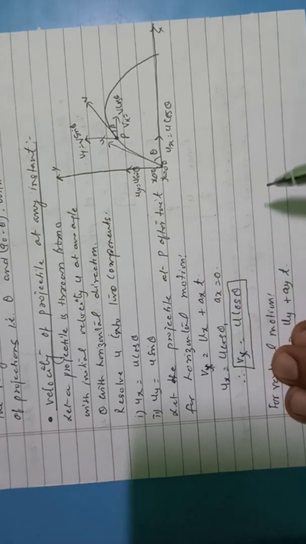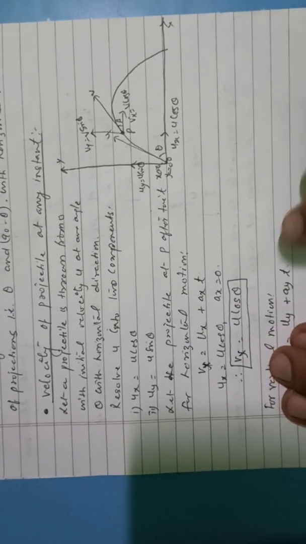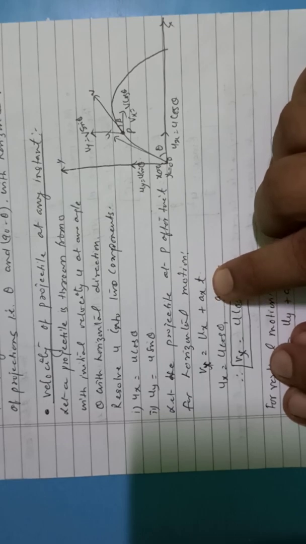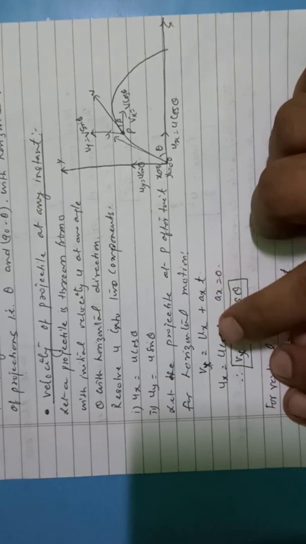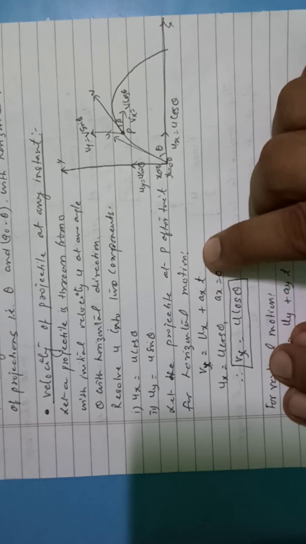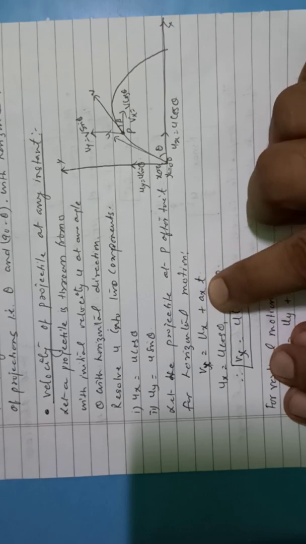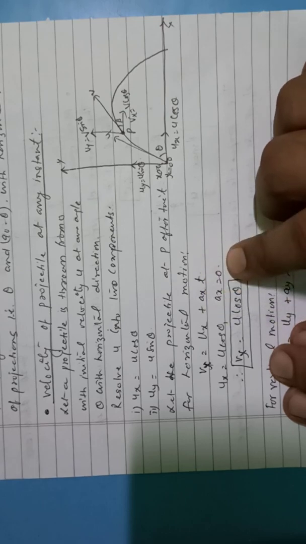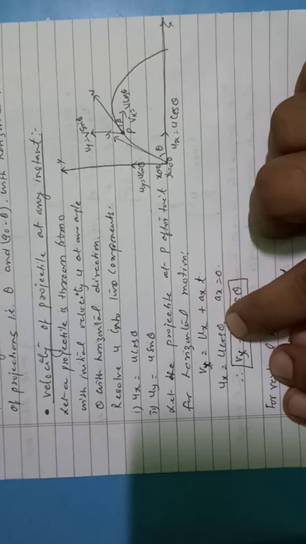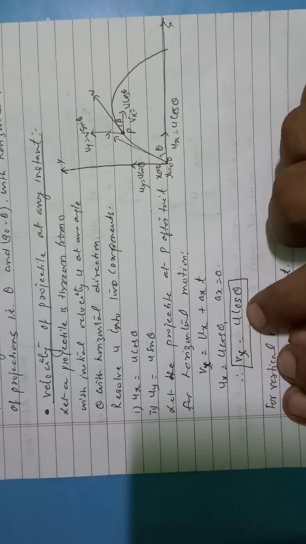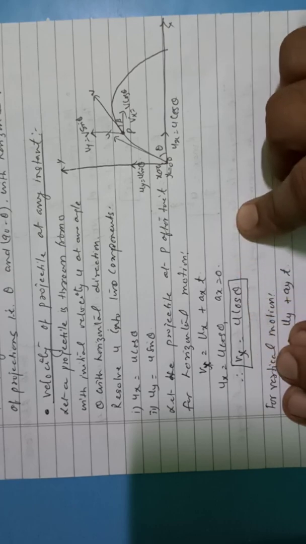Vx is equal to ux plus ax into t. Along the horizontal direction, Vx is equal to ux plus ax into t. Along the horizontal, ax is equal to 0 because velocity is uniform, so acceleration along the x-axis is equal to 0. ux is equal to u cos theta. Therefore, Vx is equal to u cos theta. This is equation number 1.